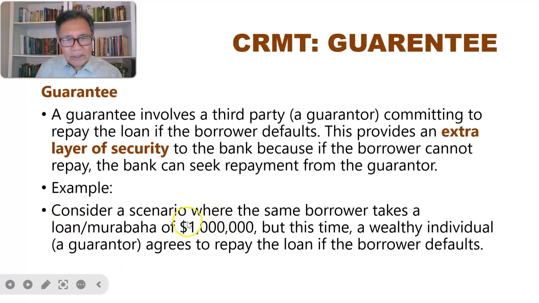So consider a scenario where the same borrower takes a loan or murabaha of 100 million, but this time a wealthy individual, maybe his friend or family members, agree to pay the loan if the borrower defaults. So that is the importance of the guarantee in this risk mitigation.